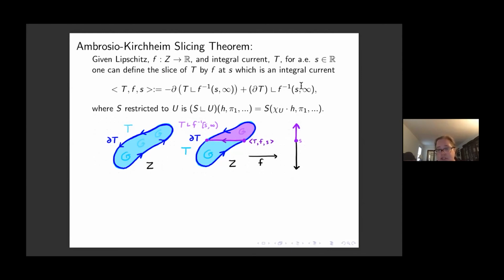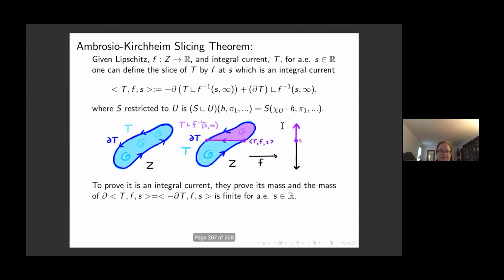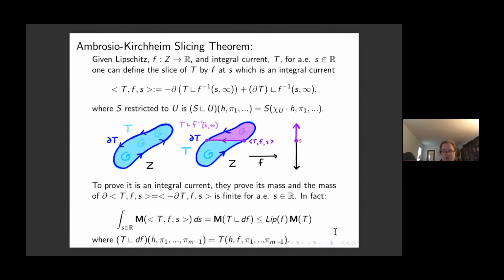And then the boundary of T intersected with that is to say, oh, the boundary of T is just this part. And we subtract it just right so that we get this direction on our slice. And to prove it's an integral current, they prove its mass and the mass of its boundary, which they work out. The boundary of T F S is equal to negative boundary T F S. That's finite for almost every S, and they prove this integral.